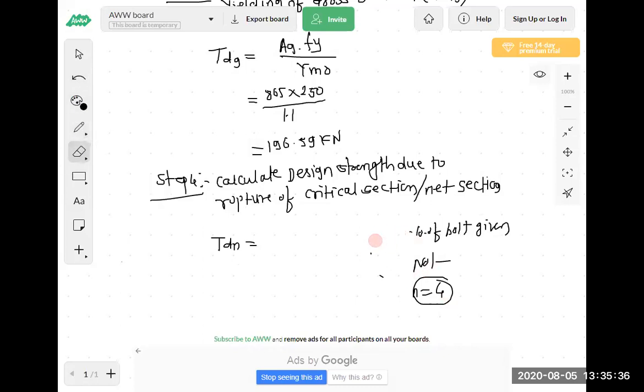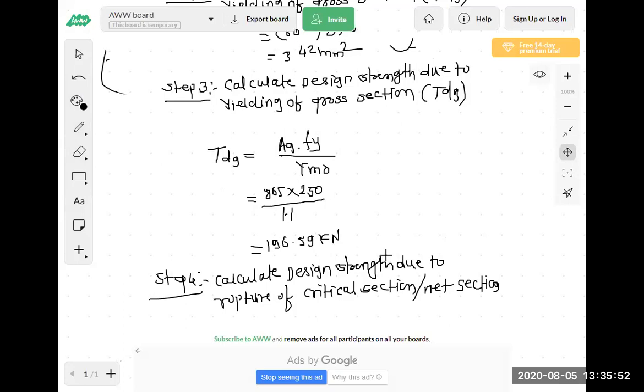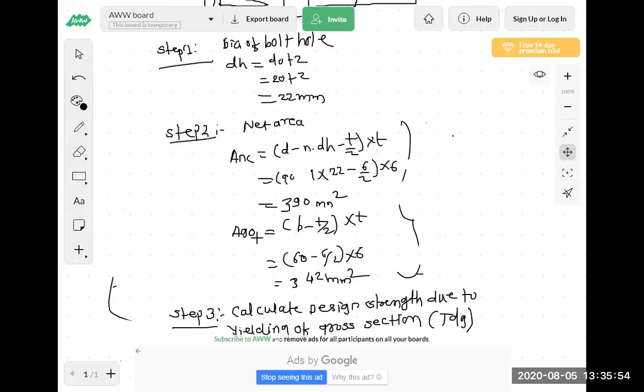So they have given 4 number of bolts. So we have to use here the formula of beta, and as per beta's formula we have calculated ANC in AGO. Are you getting? Initially we have to decide whether number of bolts are given or not.